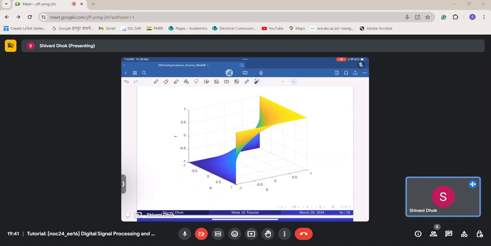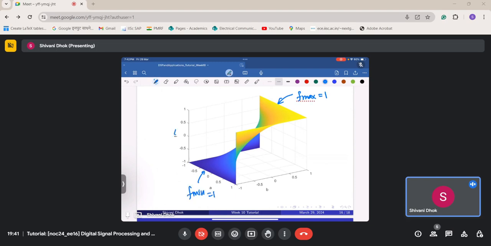If you observe, the lowest value it can take is -1 and the highest value it can take is 1, which means this plot is in the range of -1 to 1. So this figure is self-explanatory. So f max is 1, f min is -1.